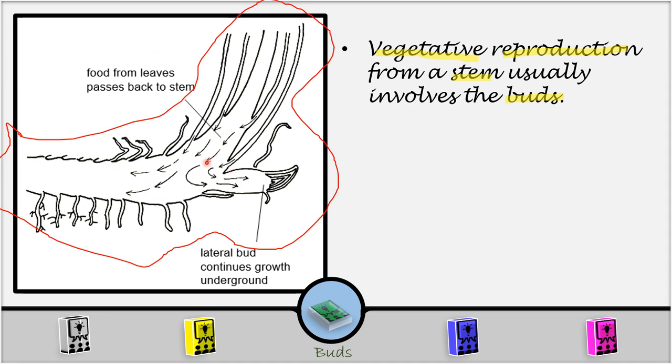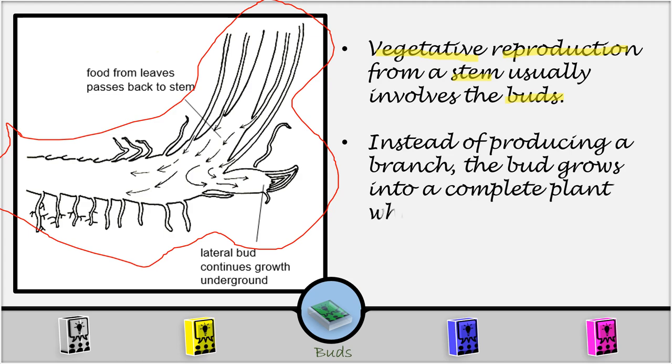If you look at it here, this is a lateral bud. It develops a bud which is part of the parent rhizome, and this one is going to develop into a new individual. This bud, which has grown off from the main plant, will develop into a new shoot, which will become a new plant.